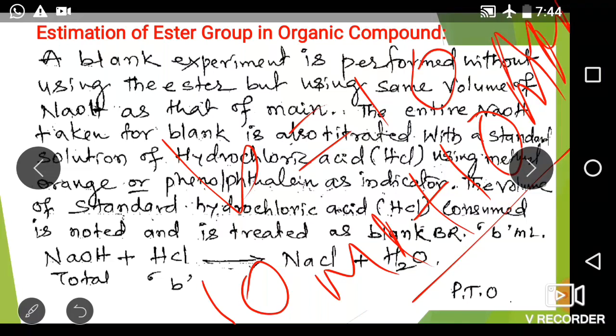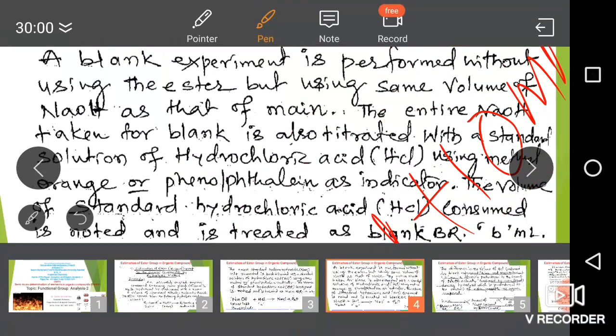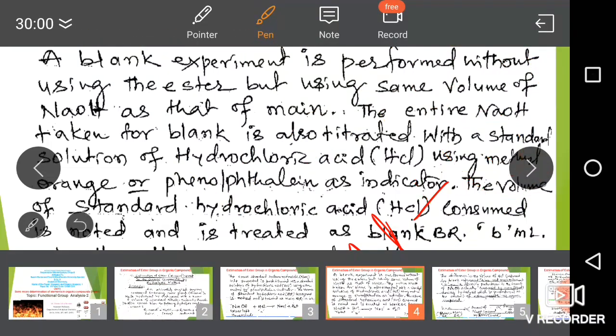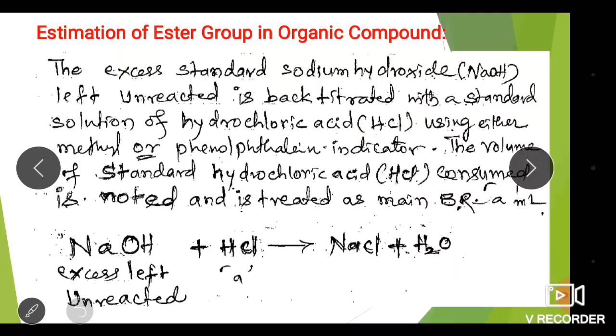And if you consider the sample titration, in the sample titration we reflux the given ester compound with the NaOH, and the saponification reaction occurs, that is base hydrolysis.